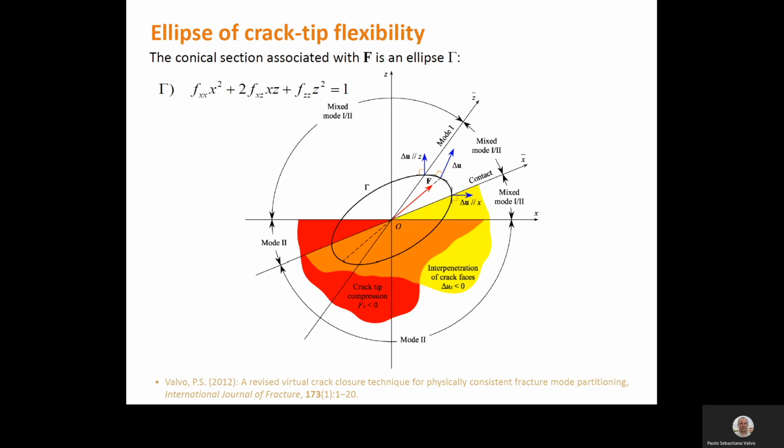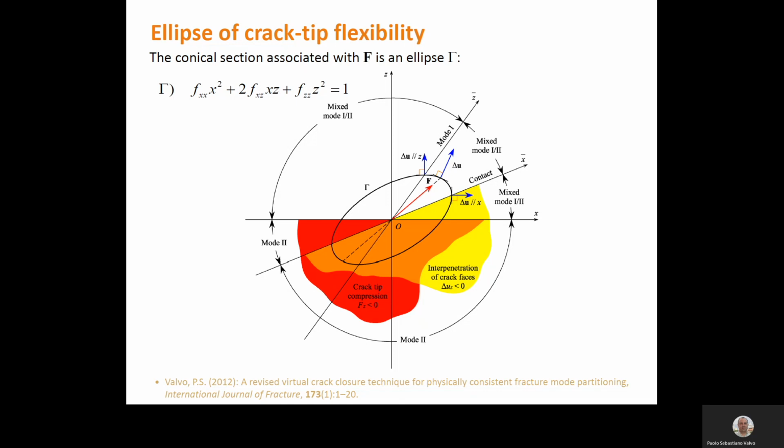At this point, take the outer normal to the ellipse, and this will be the direction of the relative displacement delta U. It is easy to determine the directions x bar and z bar, which respectively correspond to relative displacement delta U parallel to the x-axis and to the z-axis.